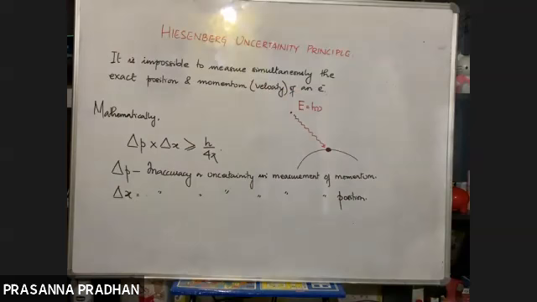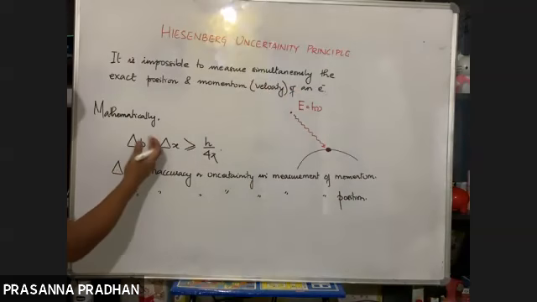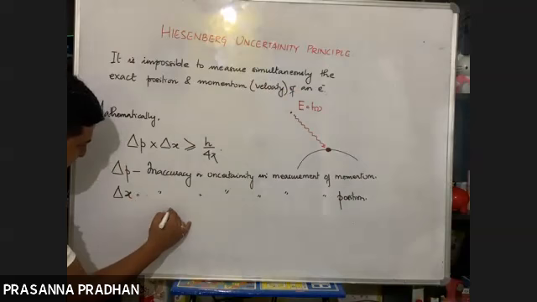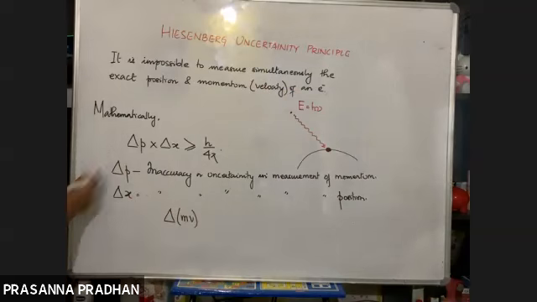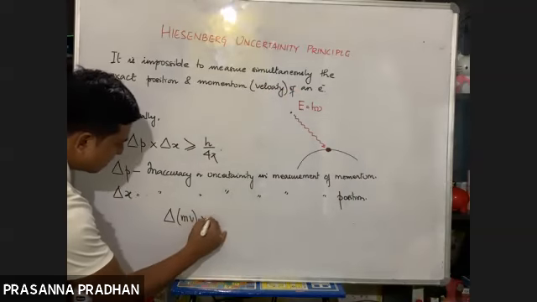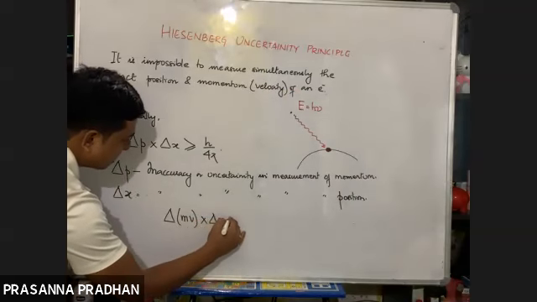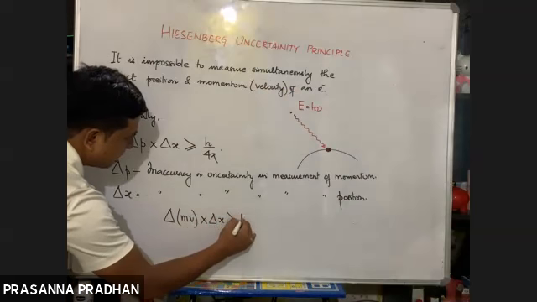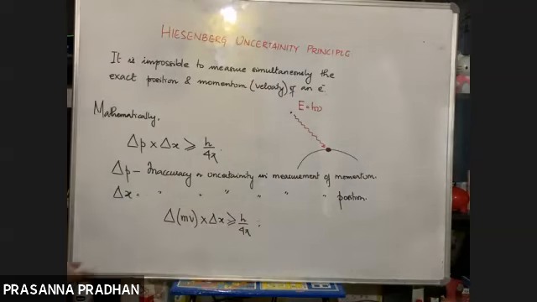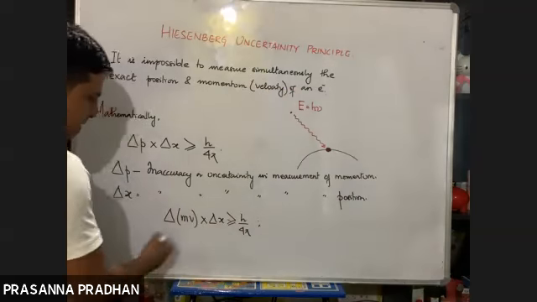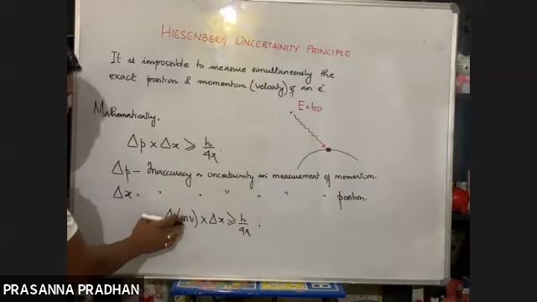Now I can modify this equation. Instead of delta P, what is delta P? Mass into velocity. So m delta v into delta x is greater than or equal to h by 4 pi. Mass is constant, so I can take the mass outside.